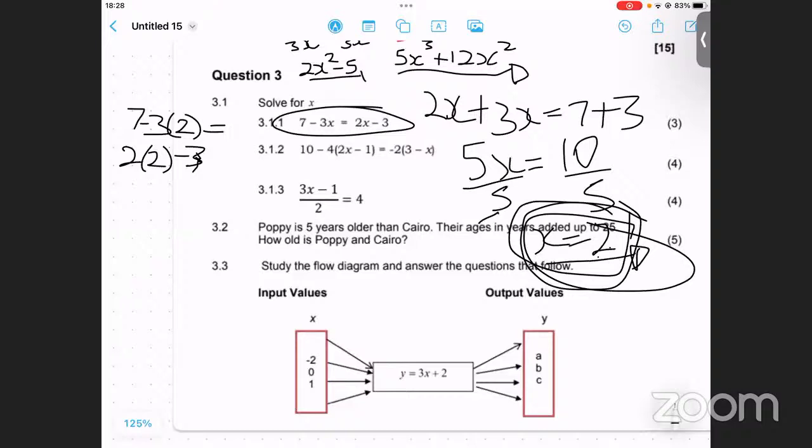Firstly, you're gonna take your like terms and put them together. Well, firstly, you're gonna solve 10 minus 4, which will give us 6.